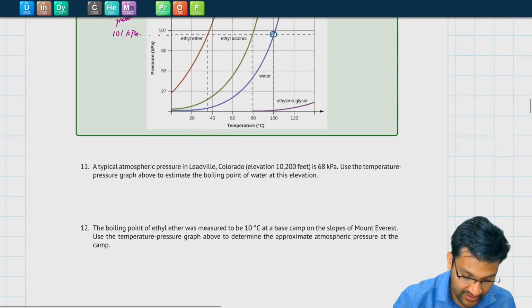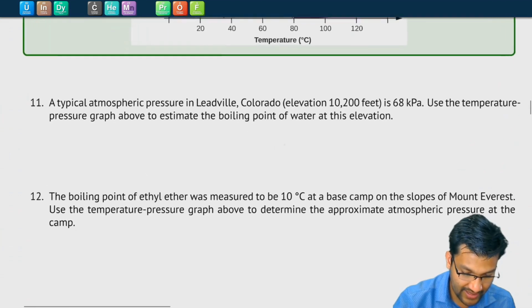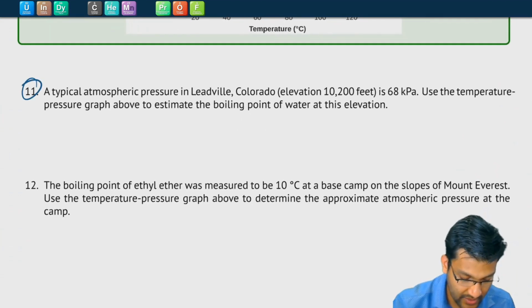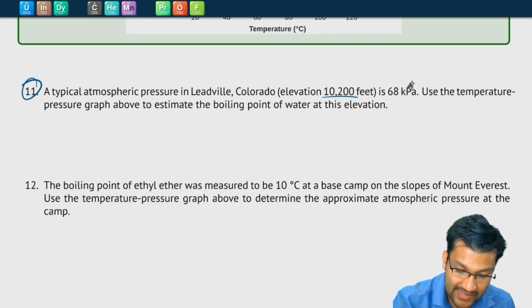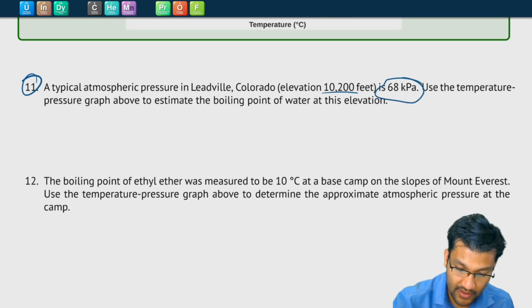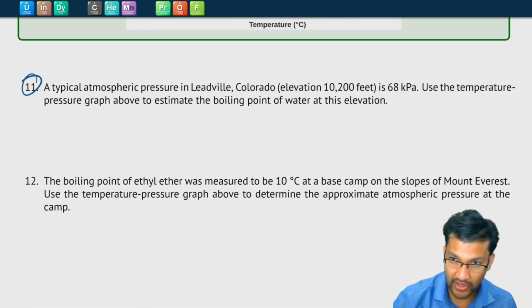So if we try to analyze this graph using number 11, for example, it says that the atmospheric pressure in Leadville, Colorado, which is about 10,000 feet up, is 68 kilopascals. So what would be the boiling point of water at that elevation?